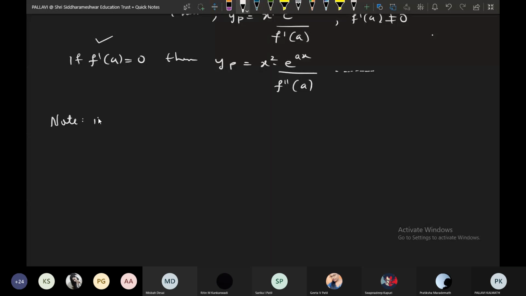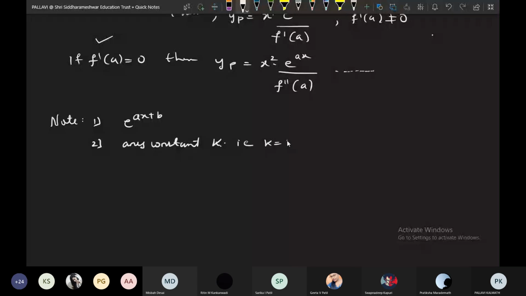Okay. So note this result is also applicable if you have a function of the type e raised to ax plus b. Then it is also applicable if your function is any constant. If you have any constant k, can you tell me how to write k in the form of e? Any idea? I should get back k.